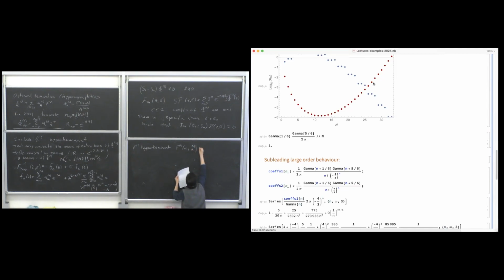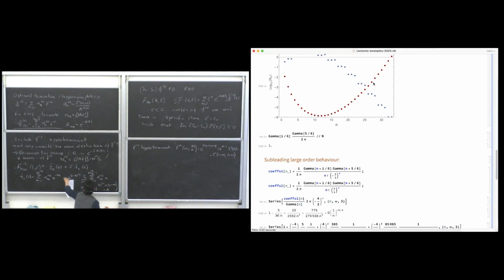F1 is given by exponential of A omega plus I pi m, omega to the m minus 1, gamma of m, gamma of 1 minus m. This is the incomplete gamma function, by the way.